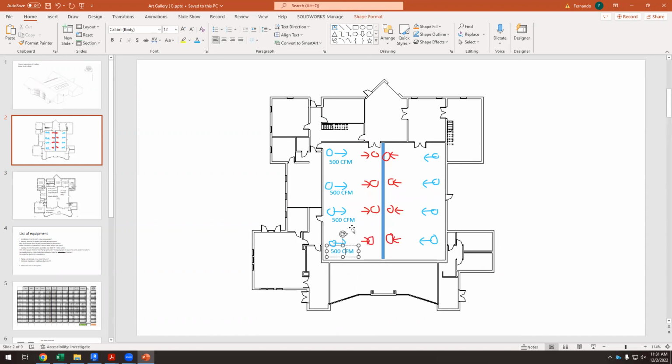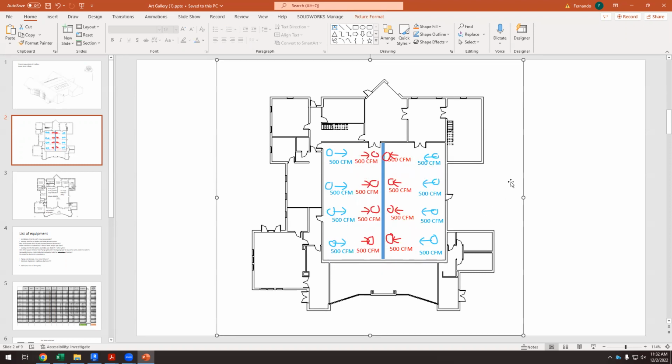Okay, 500 for the supply. 500 for supply diffusers here, and then 500 for return, and 500 for return there.